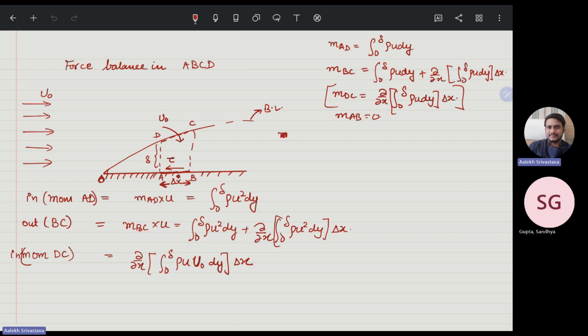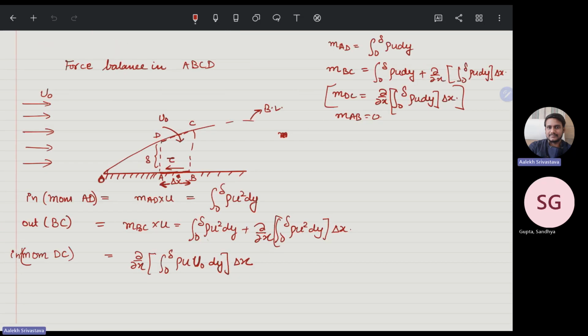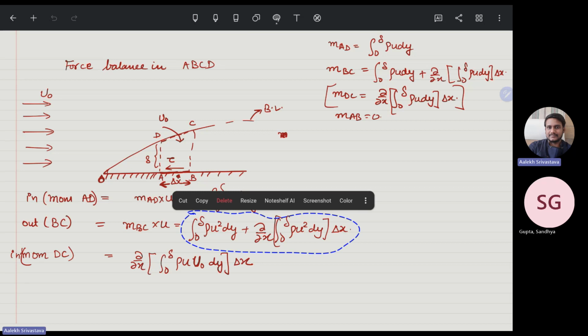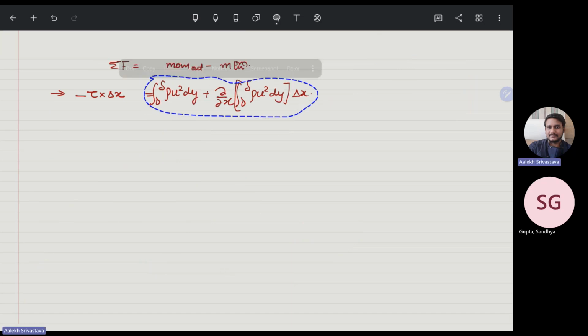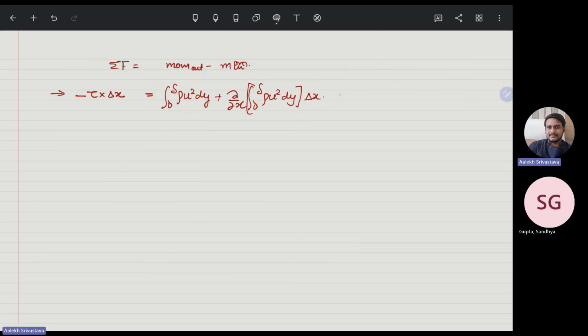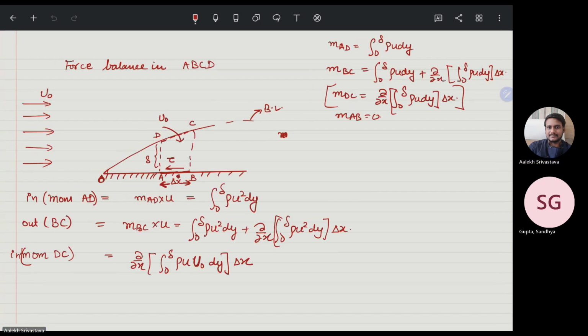What is the momentum out? It is this term, so I will take a copy of this. This is the momentum that is going out, minus the momentum that is coming in.